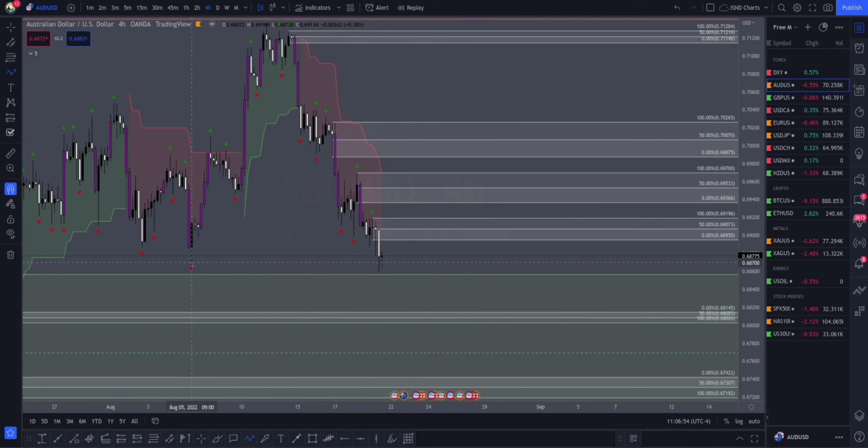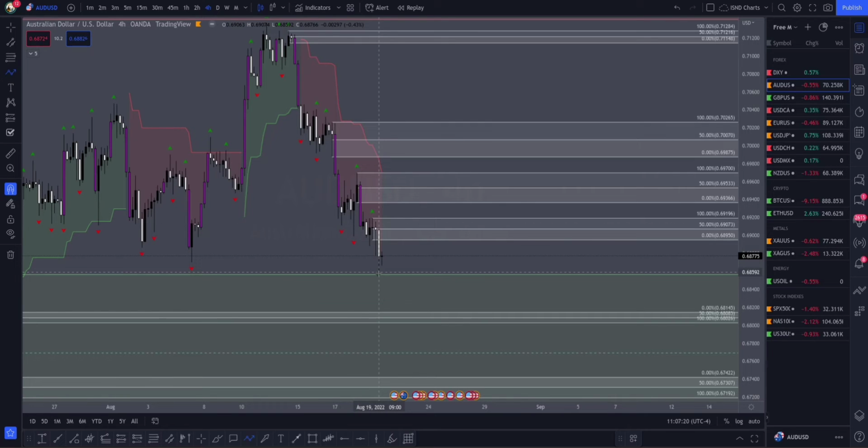We just recently traded through this demand, and we've broken past this low. So I'm looking for a little bit of a retracement.